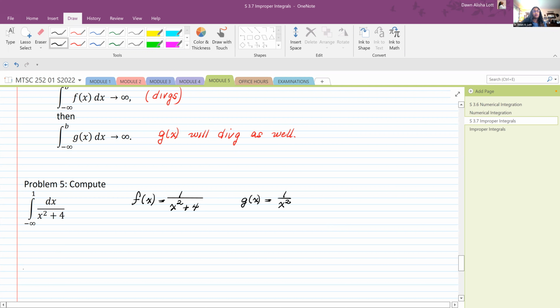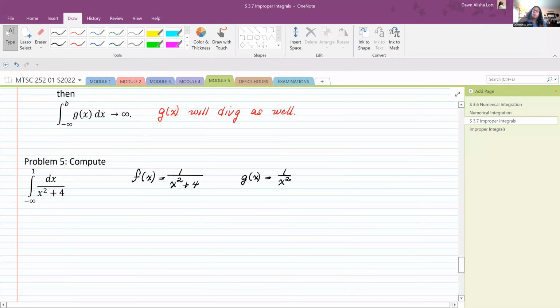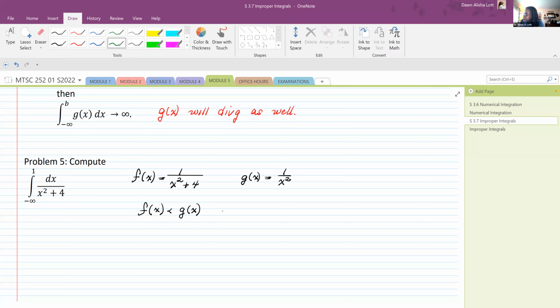So I'm going to try to compare these integrals. So f of x is indeed less than g of x. So if the integral of g of x converges, I'll know the integral of f of x converges.